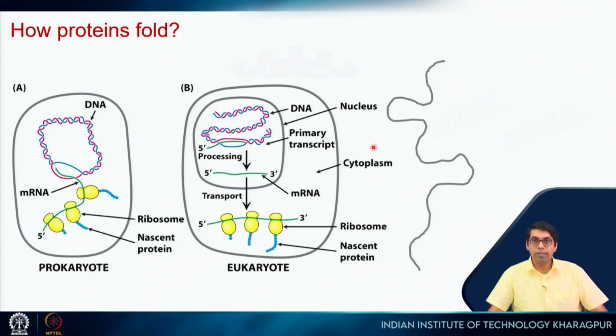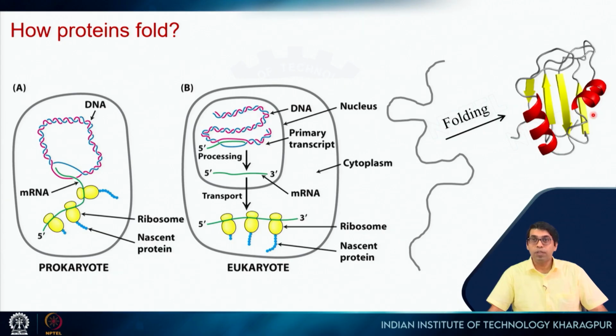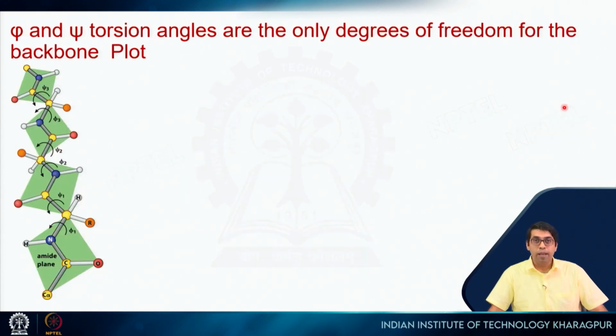So, when the protein is synthesized, it most probably looks something like this. But then how do we go from this to something like this? This process is called folding. Something like this, an unstructured polypeptide chain, how does it fold into a precise structure like this? This is the protein folding problem.